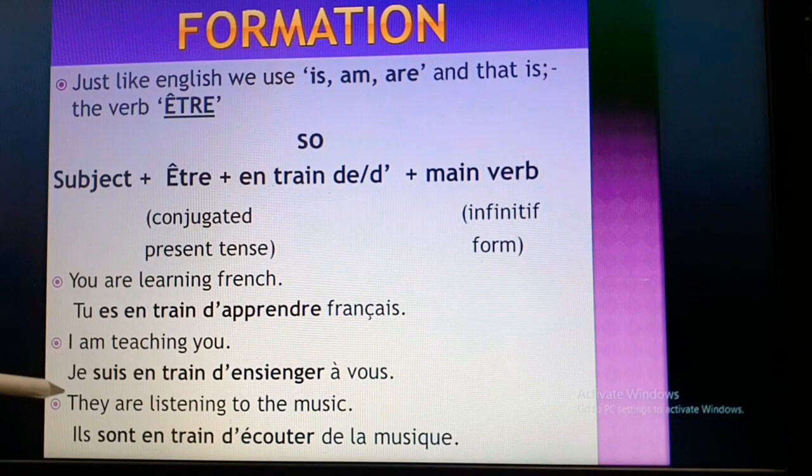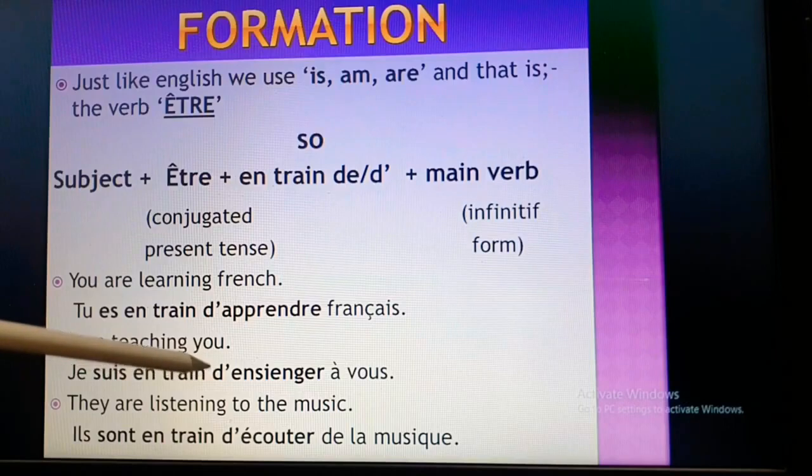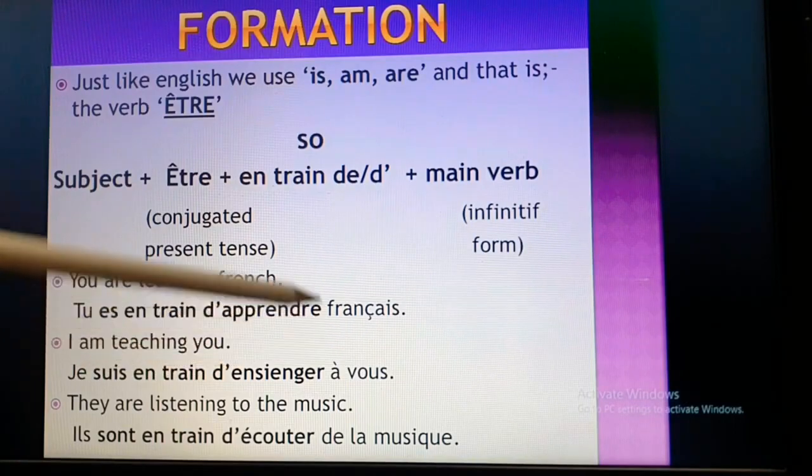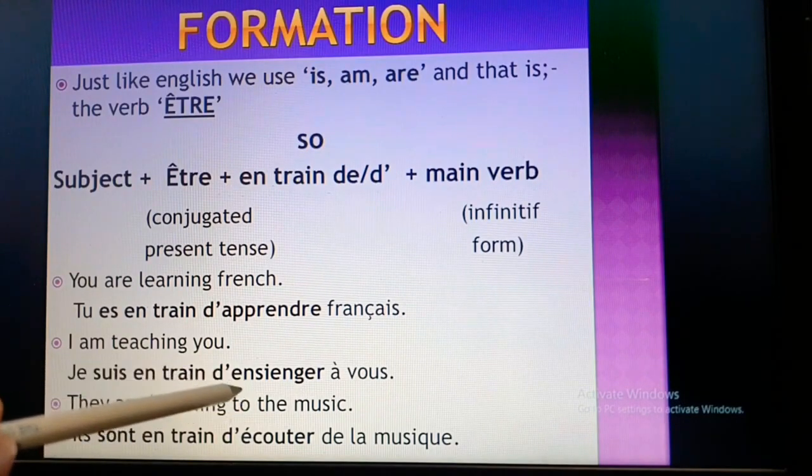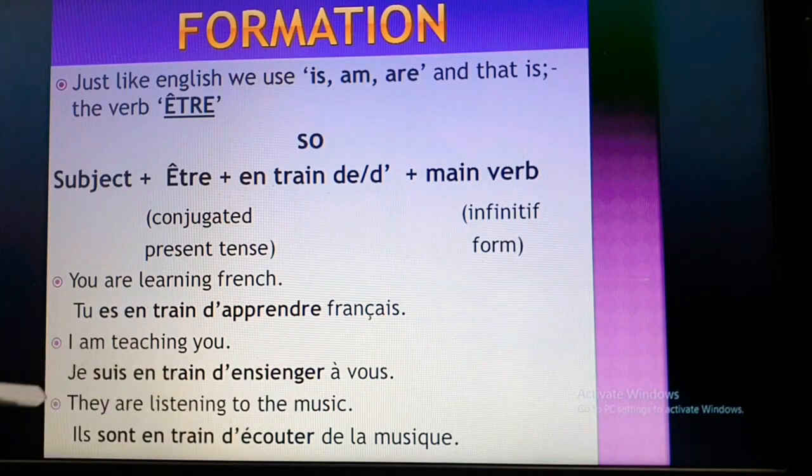Again, in French, je suis en train d'enseigner à vous. I am in the process of teaching you.